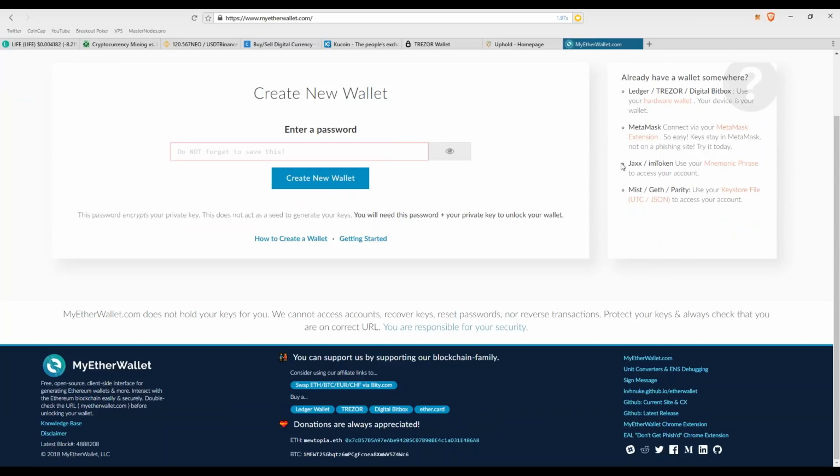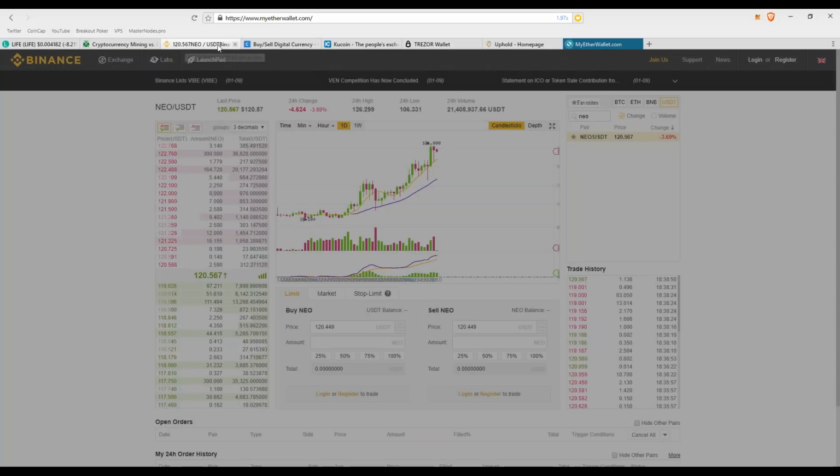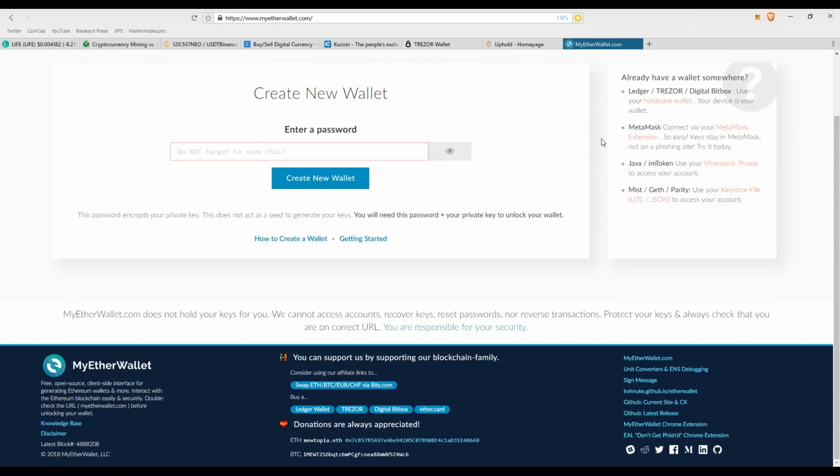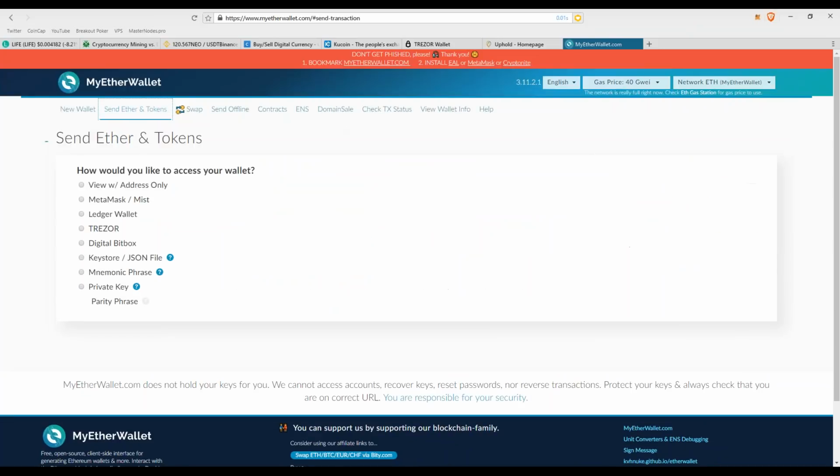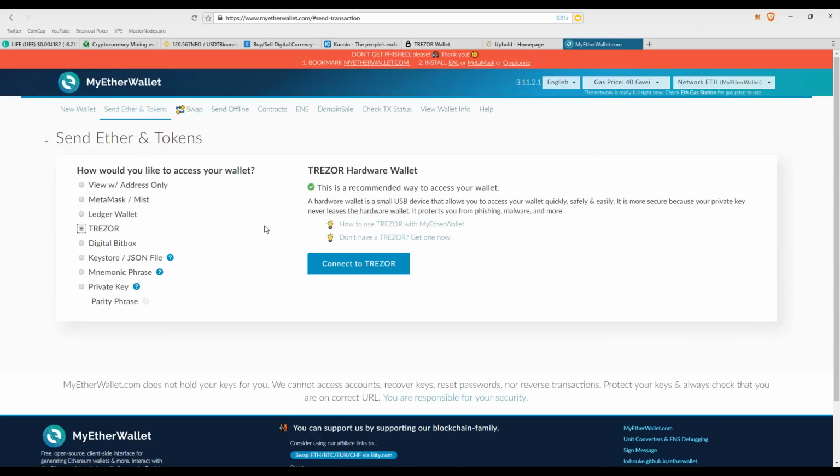There's a view all. Actually, no, I'll take that back. There's probably 60% of the coins on the Ethereum network that you can store within your Ether wallet, which is also linked to Trezor. So if you see send Ether tokens, you can click on your Trezor and connect it. You put in your pin code, your key code unlocks it, all that stuff.